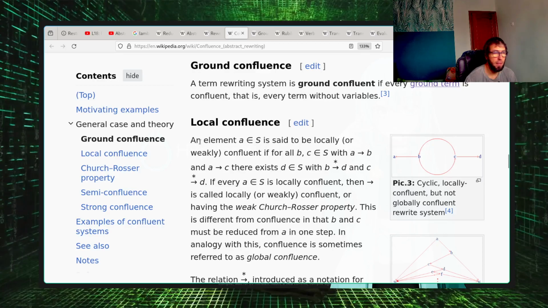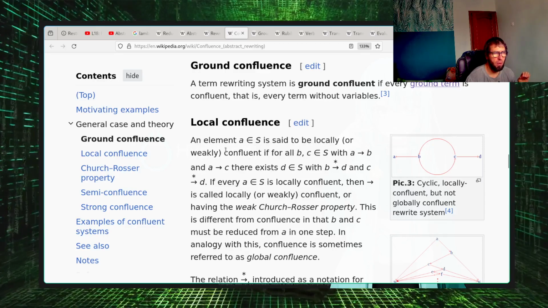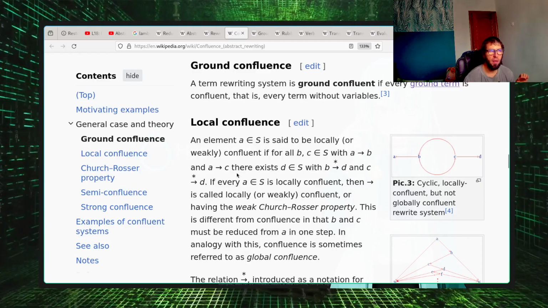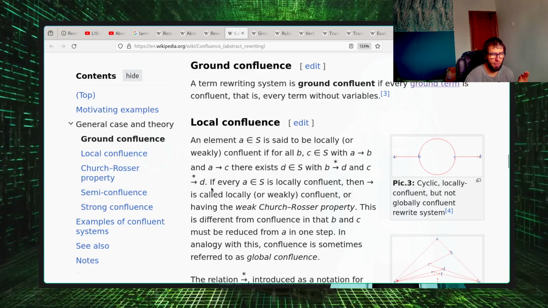It is defined in such a way: if we have some element A, it is said to be locally or weakly confluent if for all B and C with A arrow B and A arrow C, there exists D with B arrow star D and C arrow star D. Okay.